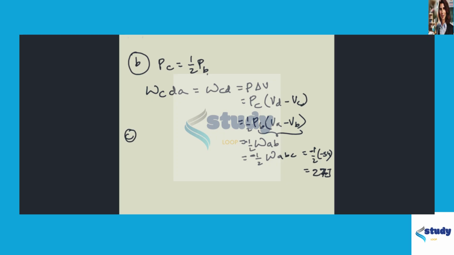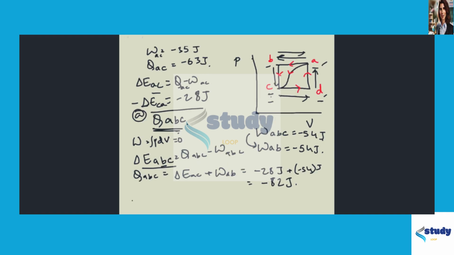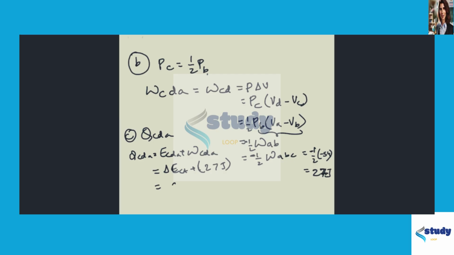For part C, we want to find out Q_CDA. Now this must be simple. Q_CDA is simply delta E_CDA plus W_CDA. And we already saw delta E_CDA is simply delta E_CA, and we know that W_CDA is 27 joules, and we know that delta E_CA from here is 28 joules.